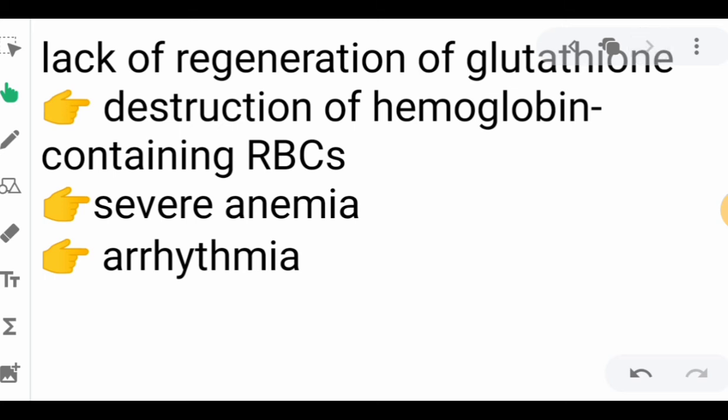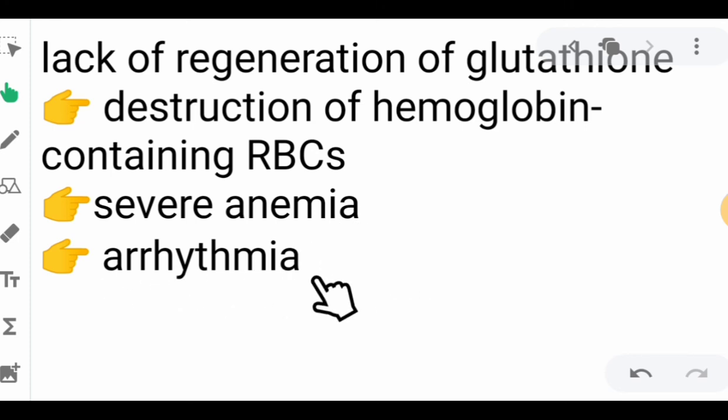A lack of regeneration of glutathione leads to the destruction of hemoglobin-containing red blood cells. And when this happens, severe anemia will occur, which will make you feel weak and tired, and you will have difficulty in pregnancy, and you will continuously feel pain. Severe anemia can also lead to irregular heartbeat, which is arrhythmia.